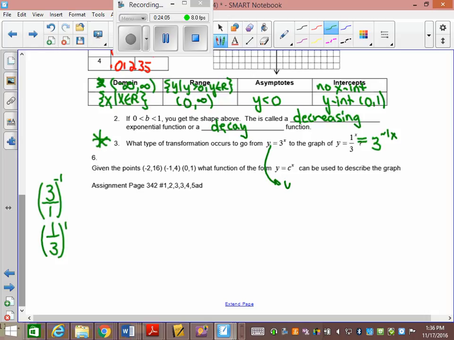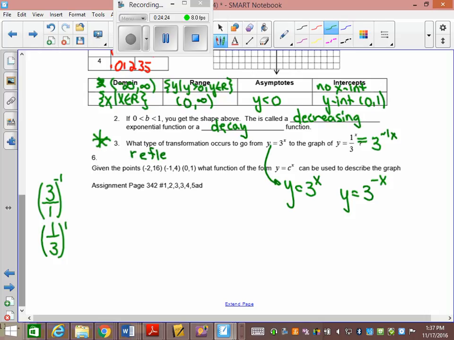I'm just going to write it down here. y equals 3 to the x, and y equals 3 to the -x, technically. What does a negative in front of an x do? Transformation rules, just as you've been taught every single time. It reflects in the y-axis.